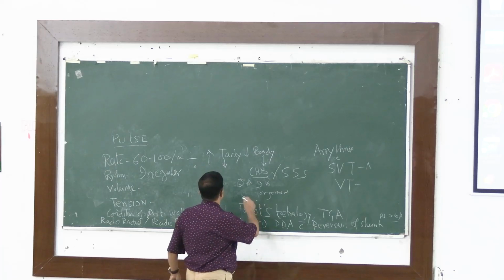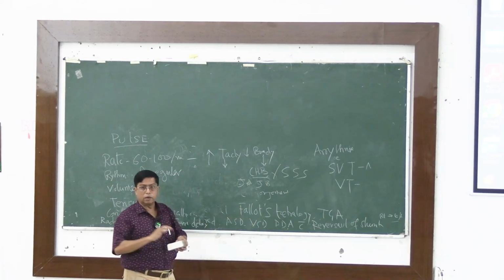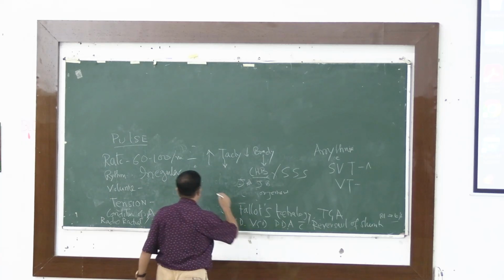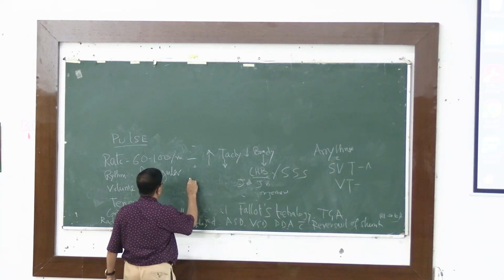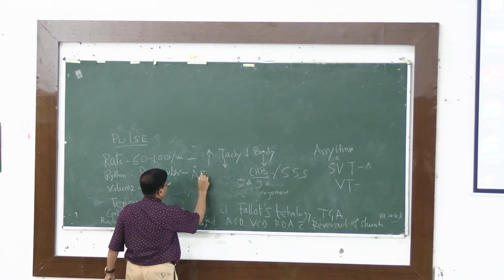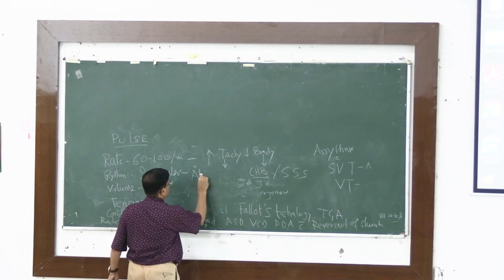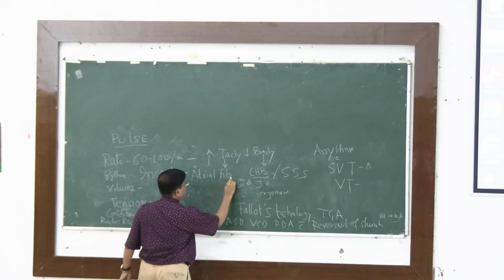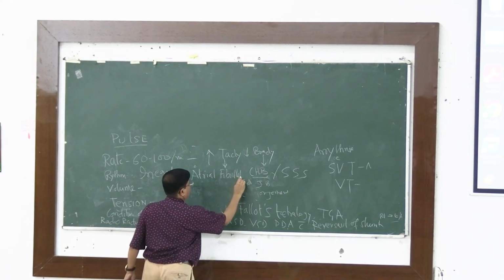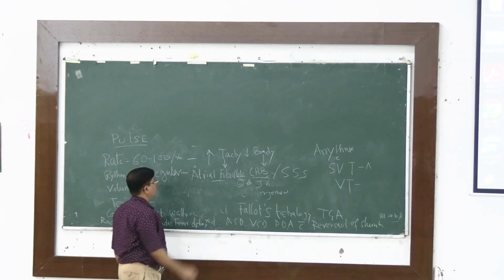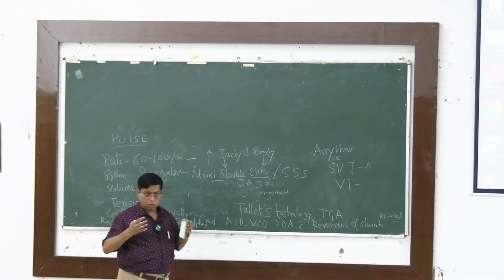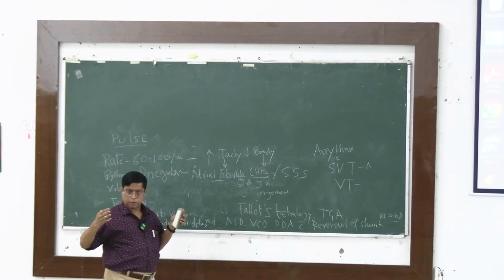But when the pulse is not coming at a regular pace, it is called irregular. The important cause of irregular heartbeat is atrial fibrillation. Why does this occur? Atrial fibrillation occurs due to huge stretching in the atrium.